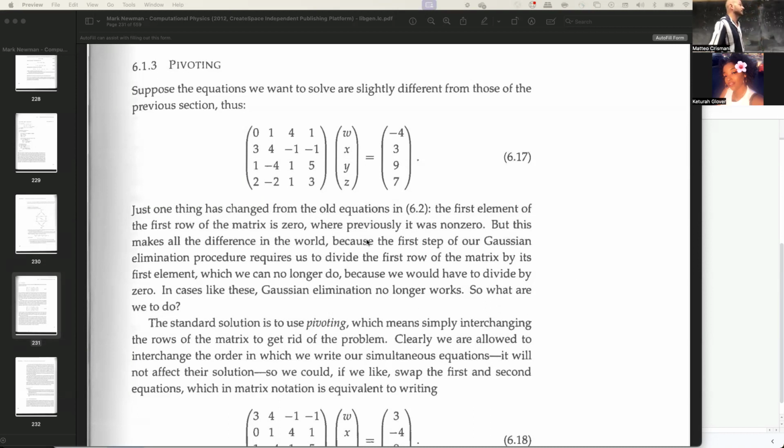The first row is 0 where previously it was non-zero. This makes a big difference, right? Because if this is a 0 in your matrix, what does that mean? Can I ever multiply by this and subtract it from this to get rid of it? No, right? So that's garbage. Okay, so you're screwed, right? Forever. And nothing will ever get better.